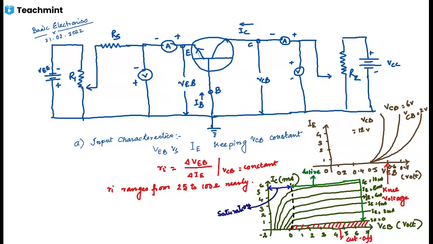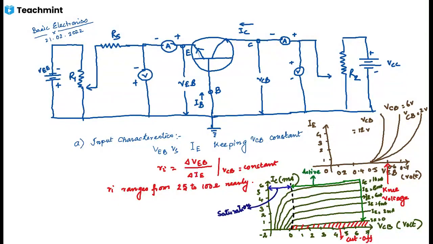In active region, the collector current is approximately equal to the emitter current IE. Collector current increases slowly for the increase in collector to base voltage in active region. Hence, in active region, the curves are nearly flat. This also means that the output resistance in this configuration is very large.